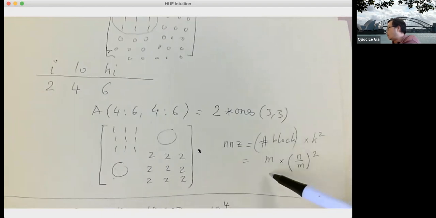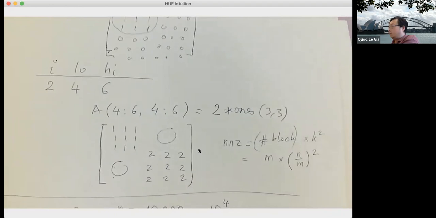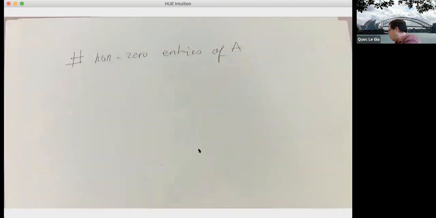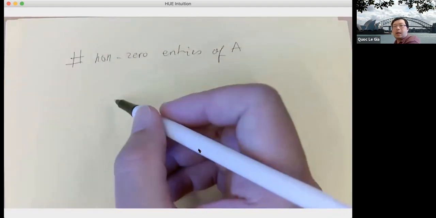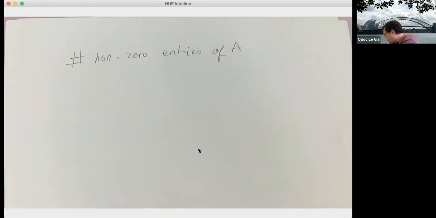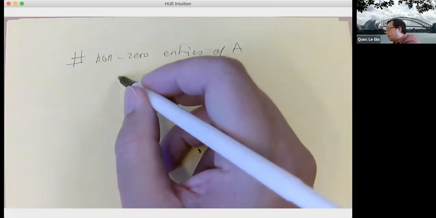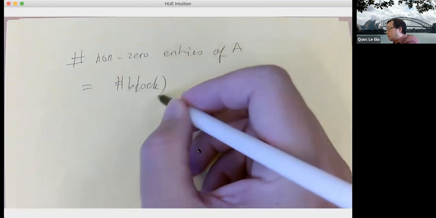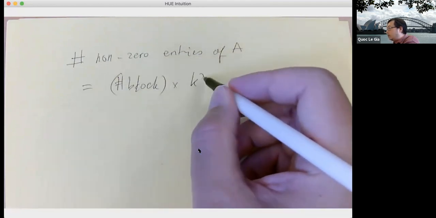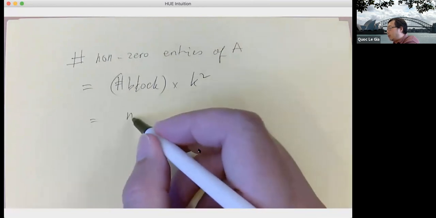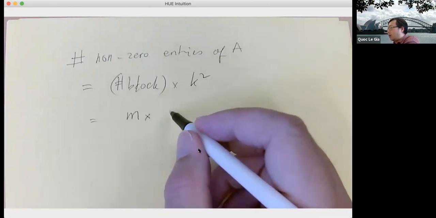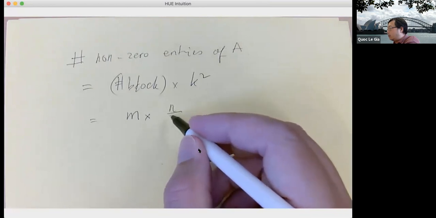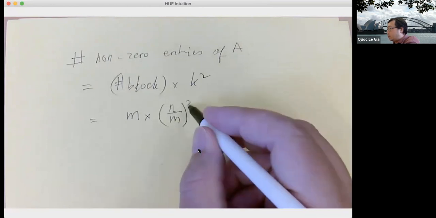Now if I use this formula and go back to this case, the number of non-zero entries equals the number of blocks times k squared. The number of blocks is m, and k squared is n over m squared.